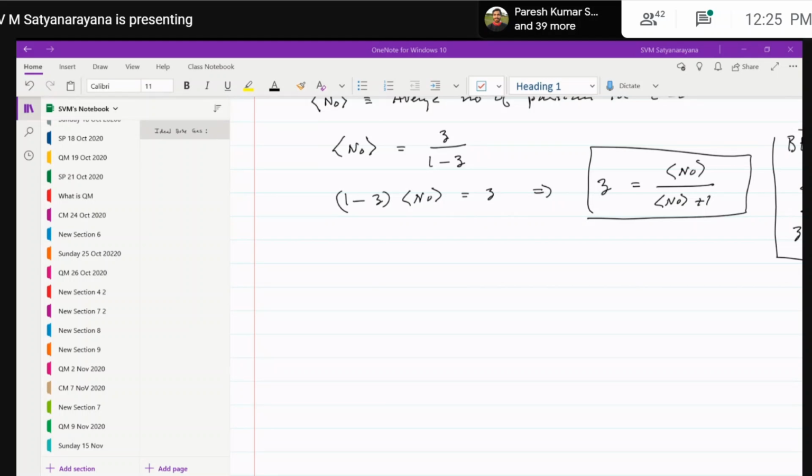For example, every gas can be considered as an ideal gas at high temperature and low density. That is because at high temperature, they are moving so fast that they don't have enough time to talk to each other and interact. And at low density, they are so far away from each other that there is no interaction.